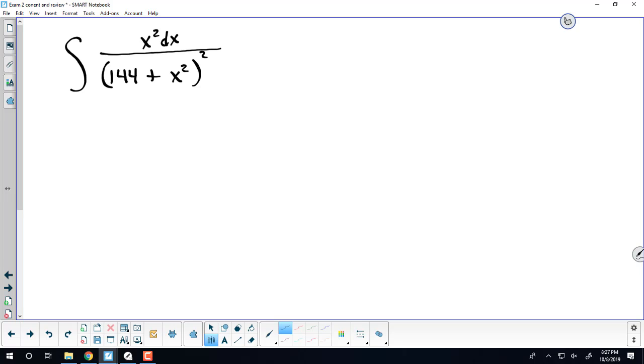So trig subs do have their limitations, but if we're going to do trig sub, our method was that we wanted a square plus 1 or a square minus 1. So we factor out this 144.